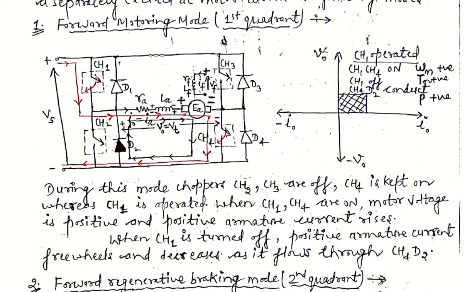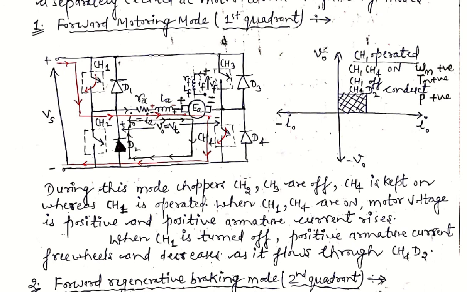So the output voltage is V naught and the output current is I naught, which are also the armature voltage and armature current respectively. Our reference current direction is the same as that of the red line, which is the current flowing path through this DC machine. Both voltage and current are positive, because the plus terminal is connected to the positive side of the supply voltage and the negative terminal is connected to the negative side of the supply.